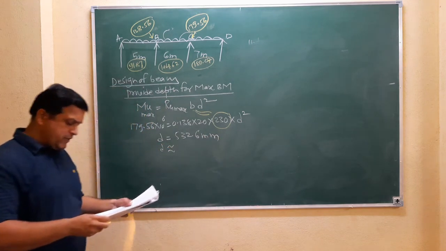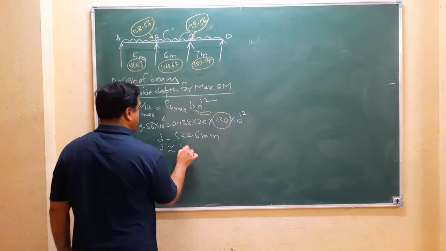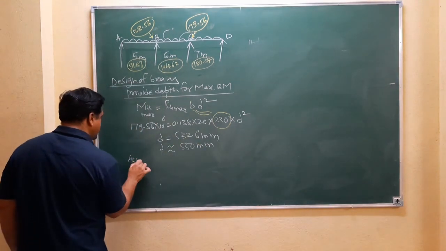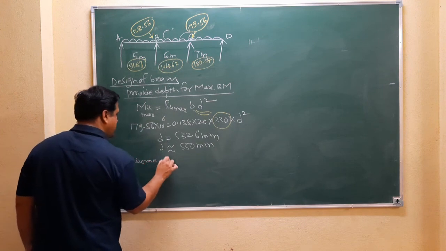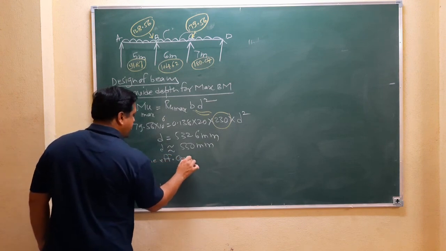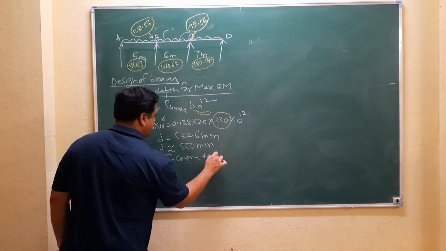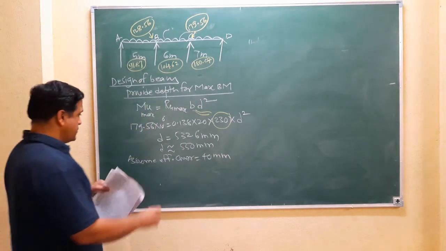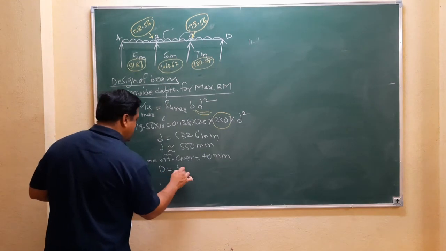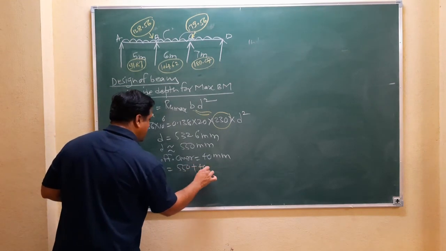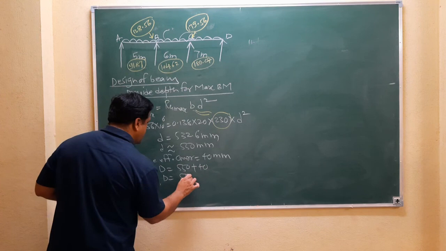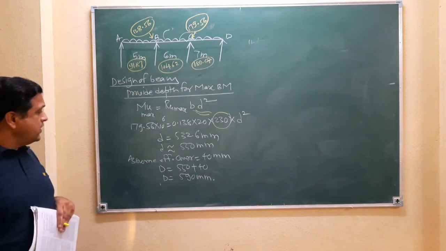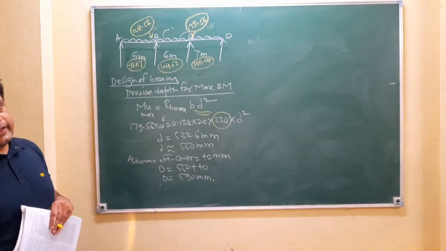Round up this value to 550 mm, then assume effective cover 40 mm. So the overall depth is 550 plus 40, which is nothing but 590 mm. 590 mm is the overall depth.